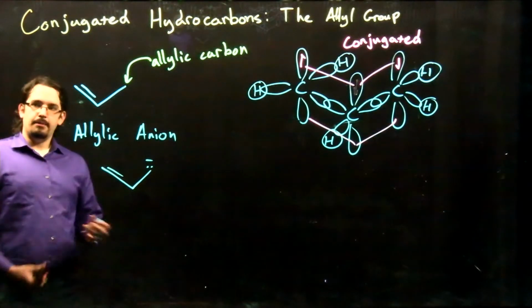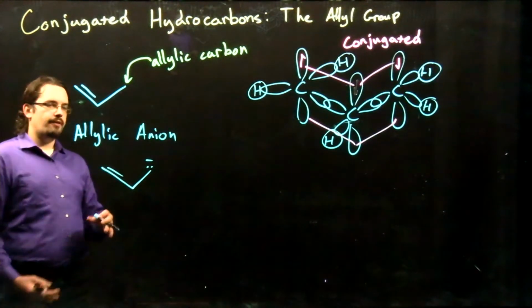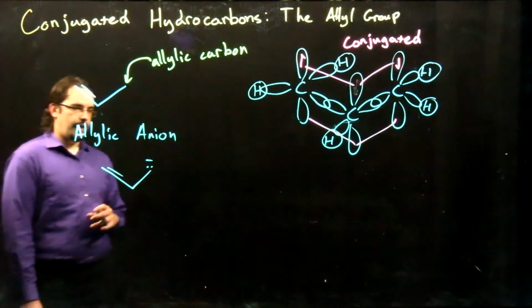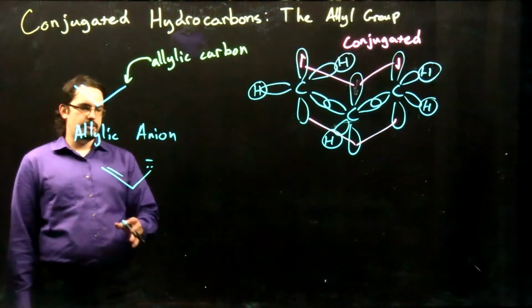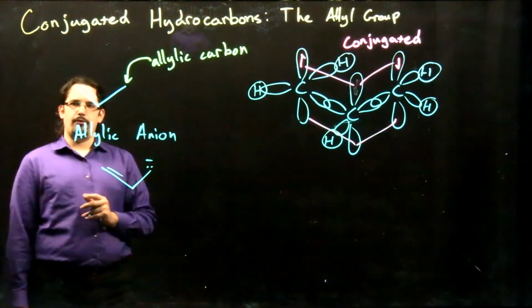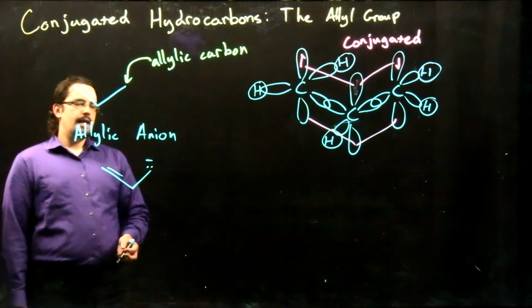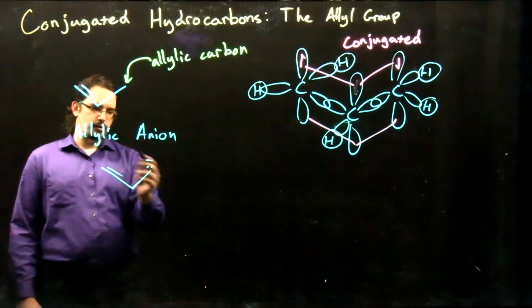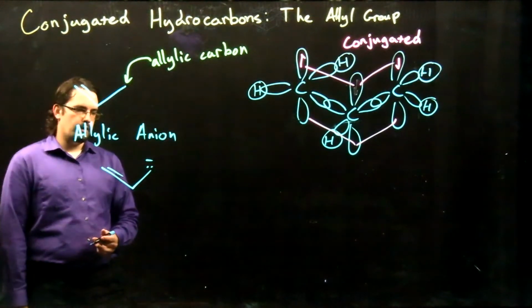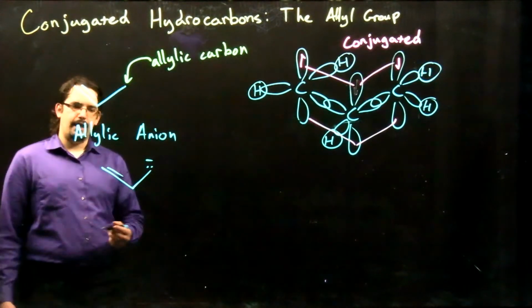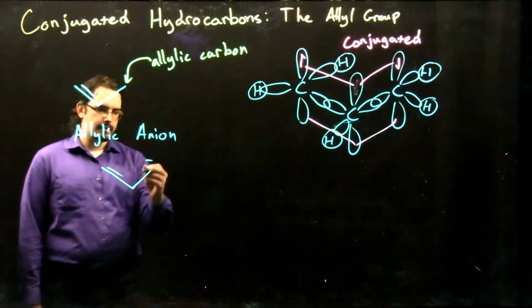We can see a very similar scenario occur if we have an allylic anion, right? So previously we had a positive charge that we could move back and forth between our carbon on the left and our carbon on the right. If we have an anion, which would be caused by a lone pair on one of our carbons, we can also move that anion back and forth between our 2 carbons.